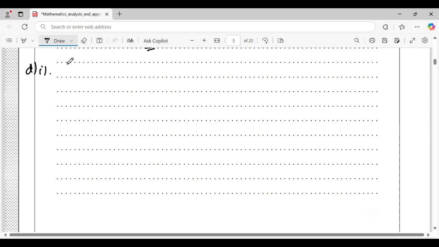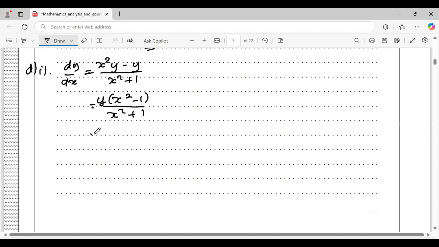So dy/dx according to the equation is (x squared y minus y) over x squared plus 1. Okay. So we can factorize it, y times (x squared minus 1) over (x squared plus 1).